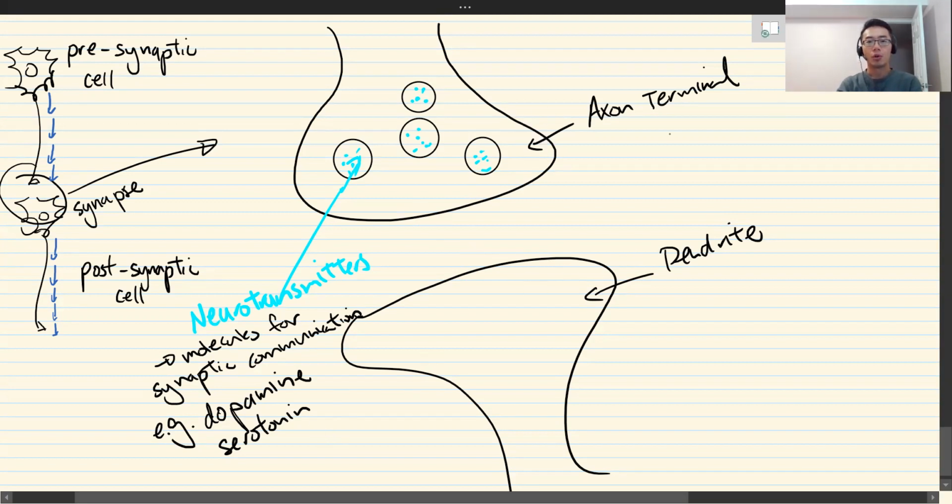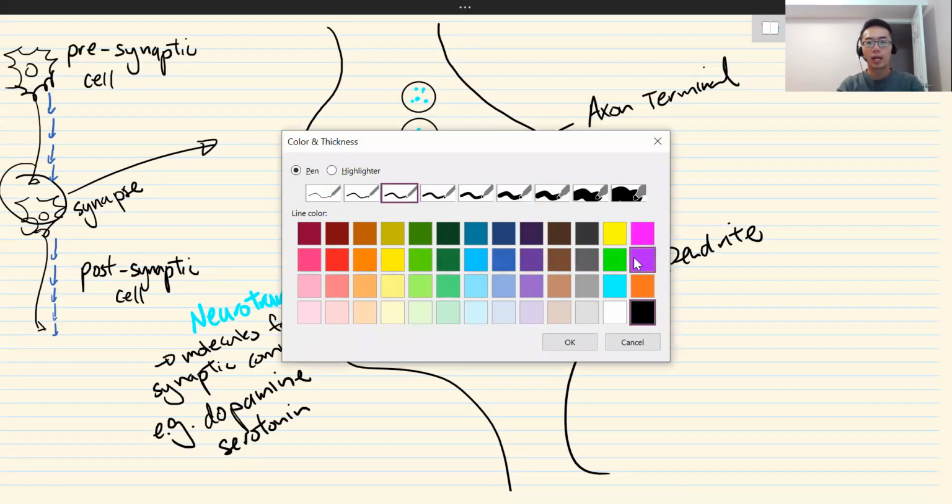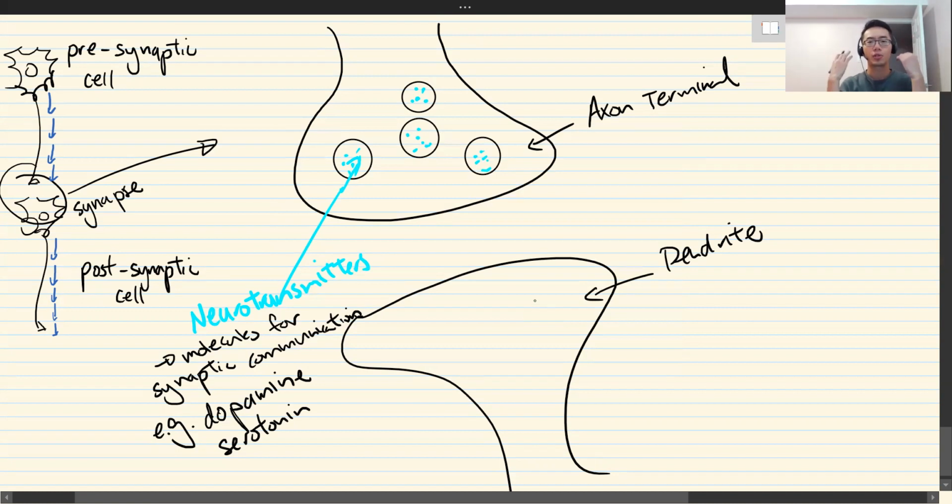Okay, so what's the situation here? Along the axon, we talked about various types of channels, right? There are the potassium channels, there are the sodium channels. And at the axon terminal, there is another type of channel, okay? This is a calcium channel.